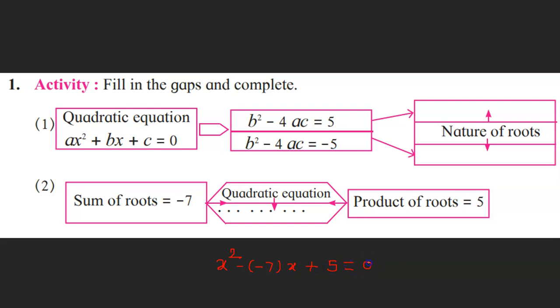Overall, what quadratic equation do we get? x square plus 7x plus 5 is equal to 0. This is the required quadratic equation.